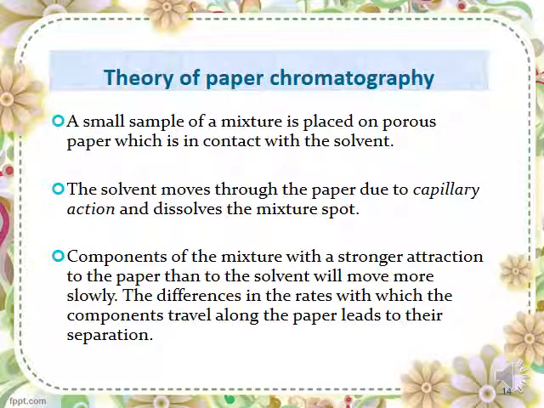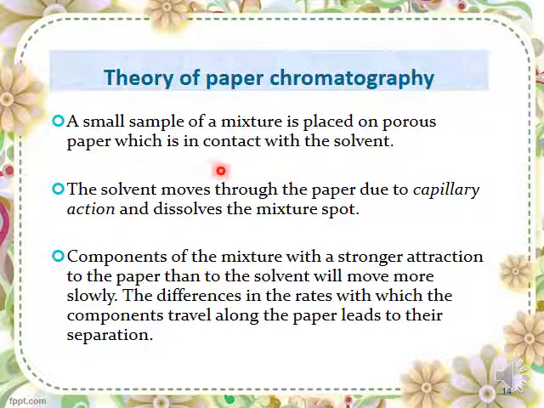So the theory behind paper chromatography and thin layer chromatography is that they work by the same mechanism. A small sample of a mixture is placed on a porous paper or thin layer chromatography plate, which means silica coated on glass or aluminium.